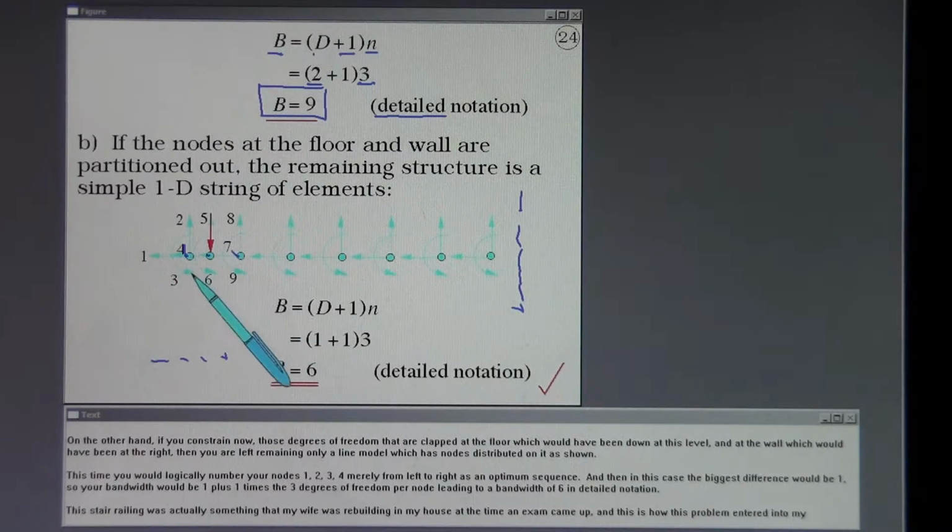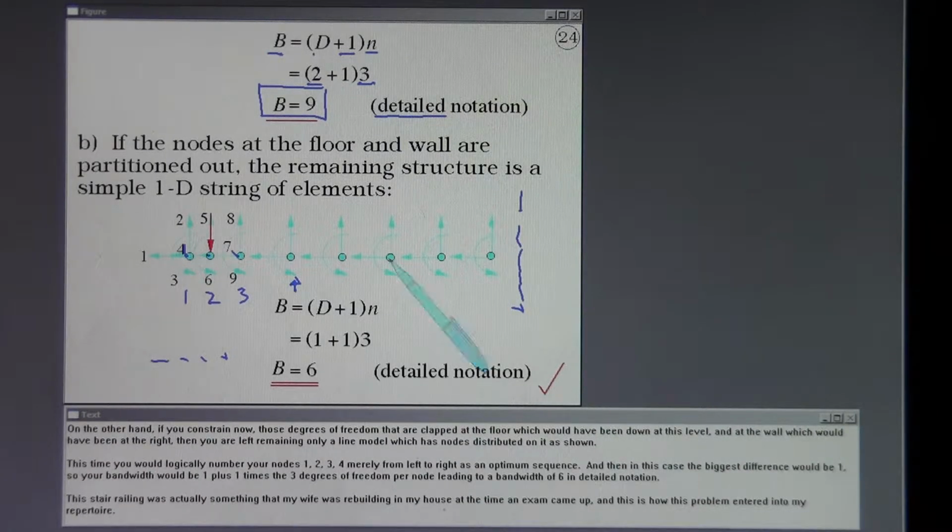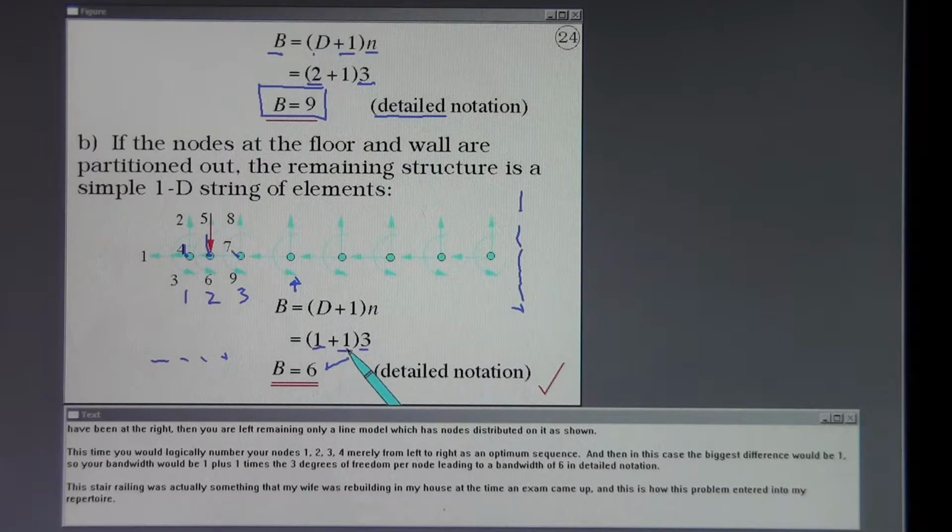This time you would logically number your nodes 1, 2, 3, 4, merely from left to right as an optimum sequence. And then in this case, the biggest difference would be 1. So your bandwidth would be 1 plus 1 times the 3 degrees of freedom per node, leading to a bandwidth of 6 in detailed notation.